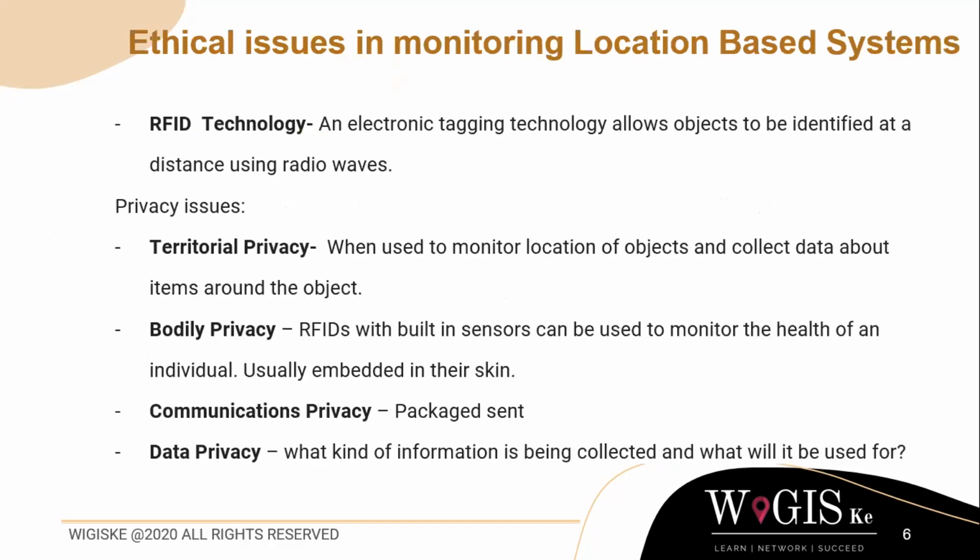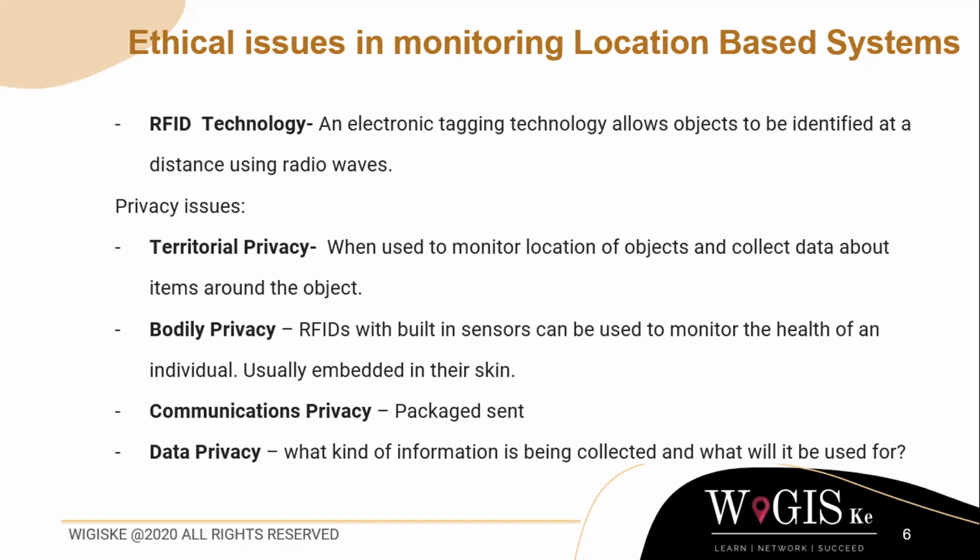Yeah. So I've tried to put down examples of ethical issues that affect location-based systems. One of the systems that I want to talk about is RFID technology. Over the past very many years, the privacy issues associated with RFID technology can be grouped into 4 categories.